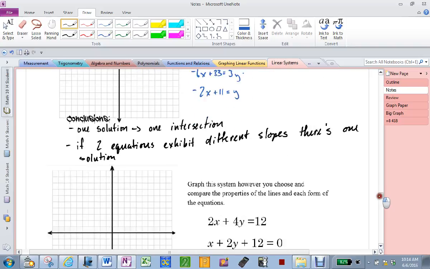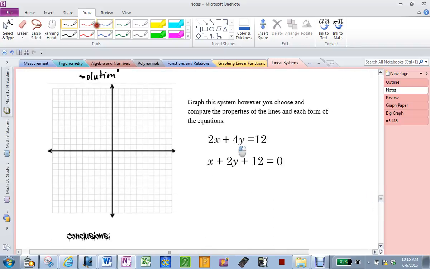Okay. Next. Graph these two. Graph in red, graph in blue. So, again, 4y equals negative 2x plus 12, y equals negative 1/2 x plus 3.